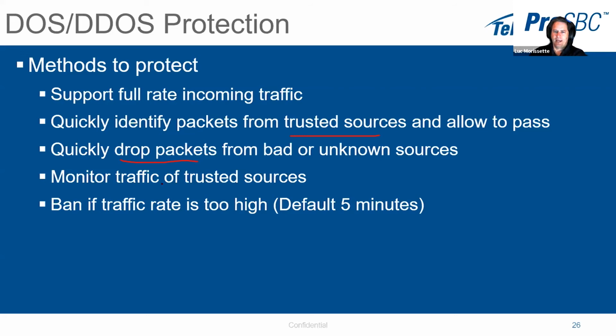And then we need to monitor the traffic from trusted sources to make sure it doesn't go over certain specified limits, which I will show you. So if the traffic rate is too high, for example, we will ban the traffic coming from those sources. The default is to ban for 5 minutes, but I will show you, and there are different values for different modules, different types of traffic, or protocols.